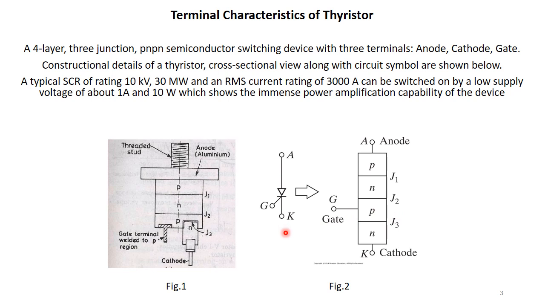The 3 terminals of the thyristor are known as anode, cathode, and gate. You are already familiar with the diode. Diode has 2 terminals, anode and cathode. However, thyristor has got one additional terminal which is known as gate.